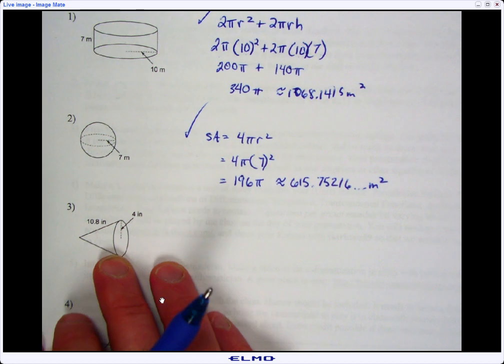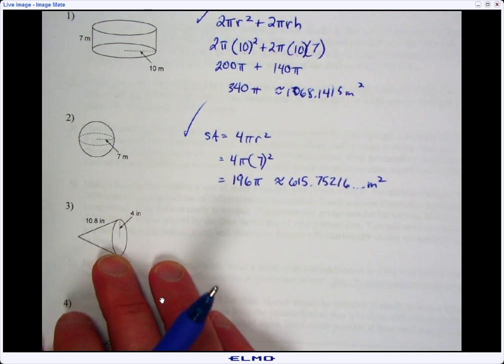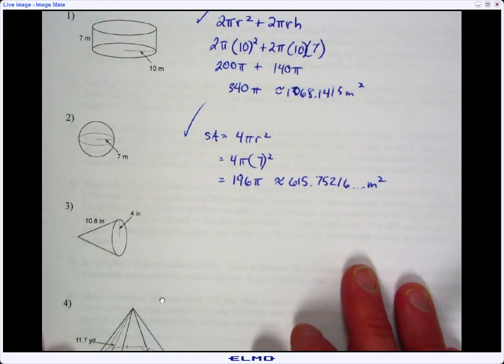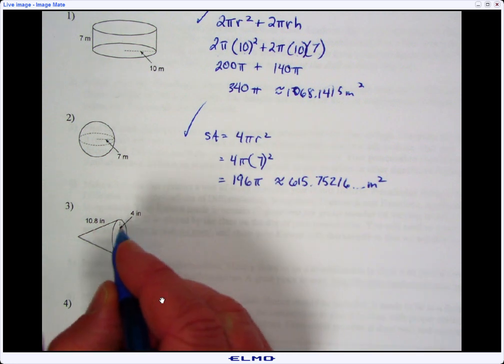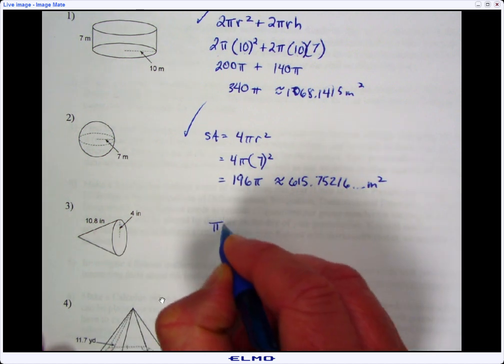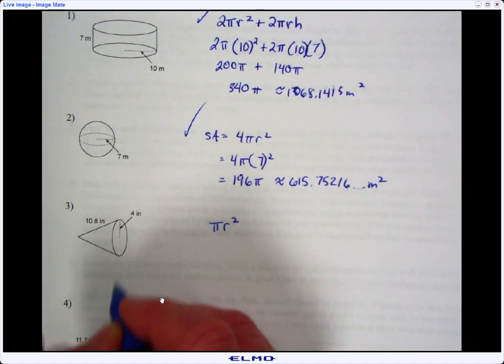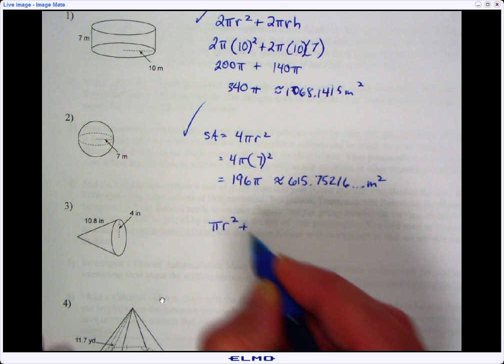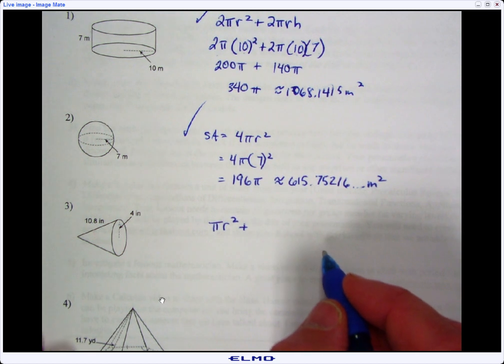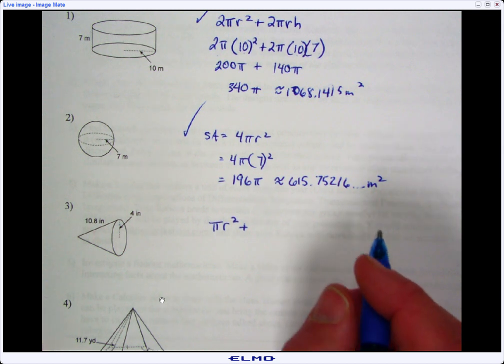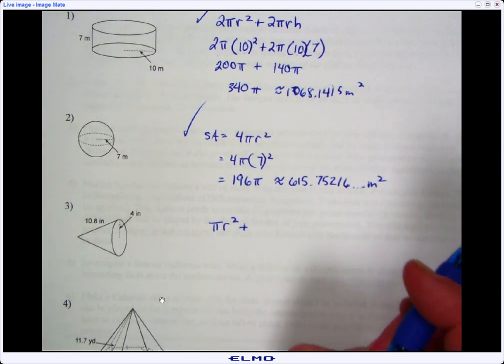Cone, same thing. Surface area of a cone has a special formula. You have the circle on the top, which that area is just pi r squared because it's a circle. But then you have the outside, which has a different term on it, and I don't know if you've heard that term before or not.